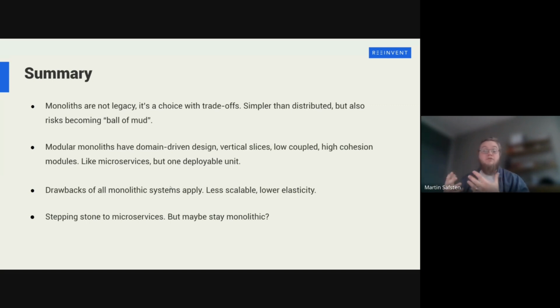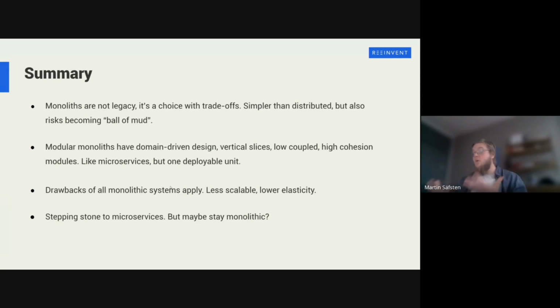The monolith is good for its use case. That's the important part. A monolith is a good fit if the requirements allow it. It's not that monolith is bad because it's old. And the domain-driven design processes and vertical slicing are really the good parts that microservices have by default, but you use them in an in-process monolithic context.